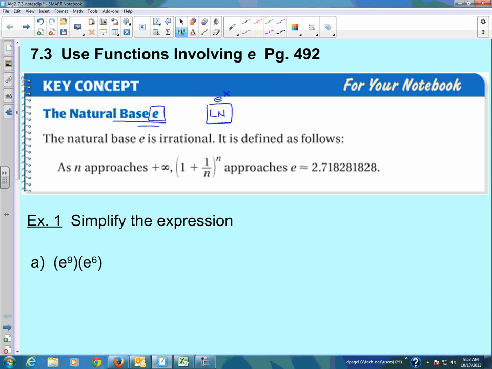So when we, in talking about our exponential functions, generically speaking, have a generic exponential y equals a b to the x power. Well, now what we do is we just exchange that b. In very simple terms, we just become a e to the x.